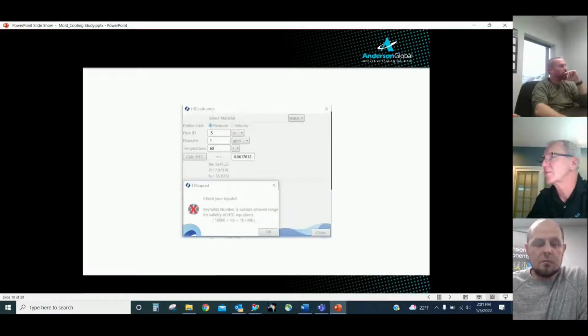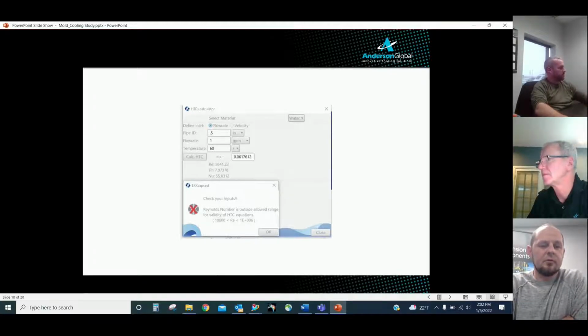So the higher the Reynolds number, the more turbulent the flow. Am I correct? Sure. And the Reynolds number and the heat transfer coefficient calculation is basically a function of the diameter of the cooling line, the flow rate, and the temperature of the media that you're using to cool with, which is normally water.